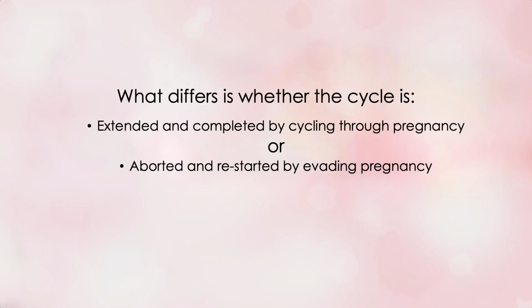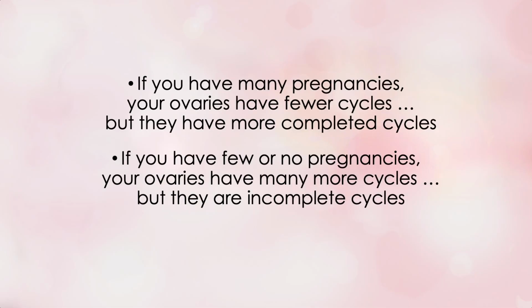What differs is whether the cycle is extended and completed by cycling through pregnancy or aborted and restarted by evading pregnancy. If you have many pregnancies, your ovaries have fewer cycles, but they have more completed cycles. If you have few or no pregnancies, your ovaries have many more cycles, but they are incomplete cycles.